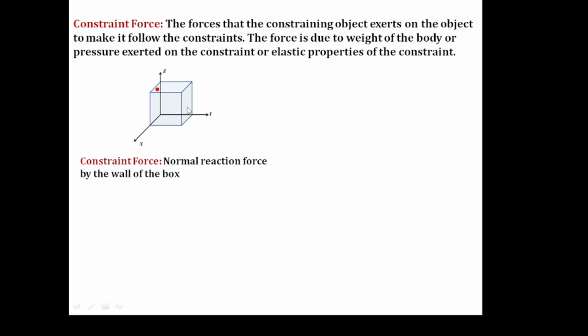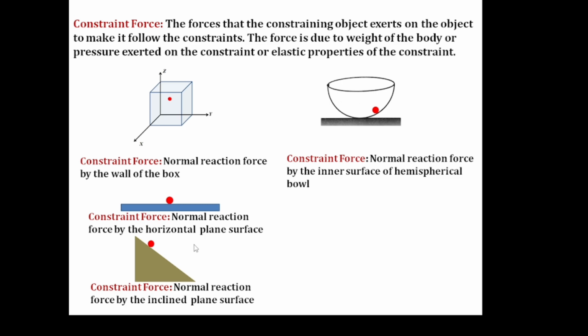Because of this reaction force, the ball is forced to move within this box. The second one, the constraint force, is the normal reaction force by the horizontal plane surface. And the third one is the normal reaction force by the inclined plane surface.